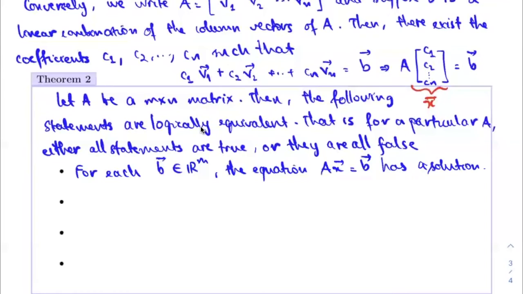This statement we already proved earlier, where we said that the equation Ax = b is consistent if and only if b is a linear combination of the column vectors of A.